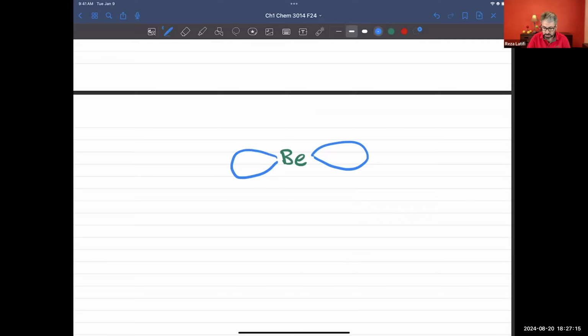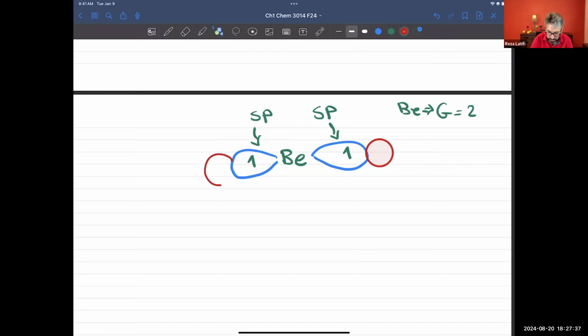And beryllium is a group 2, so you have 1 electron up here, and those are sp orbitals. Now show the chlorine. Chlorine is going to reach from this direction or that direction.